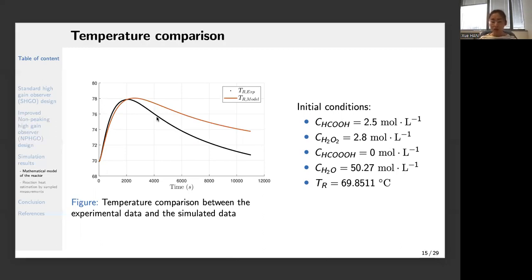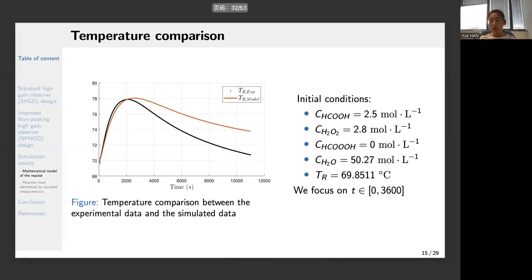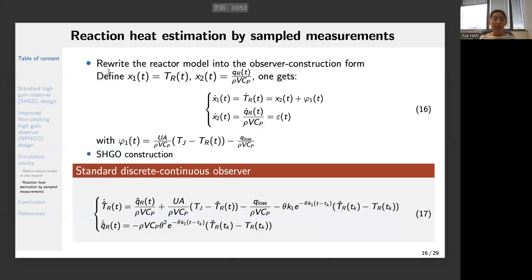For the exothermic reaction, what we will focus on is the dynamics of the reaction, so we will focus on time 0 to 3,600 seconds. That means we will focus on this part. Now, how to estimate the reaction heat?